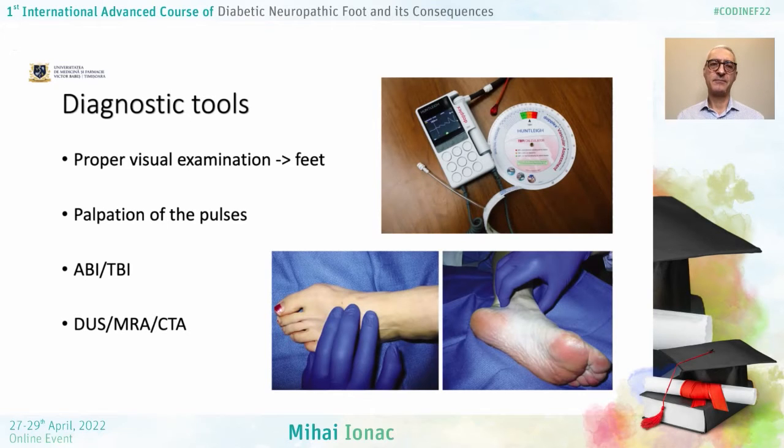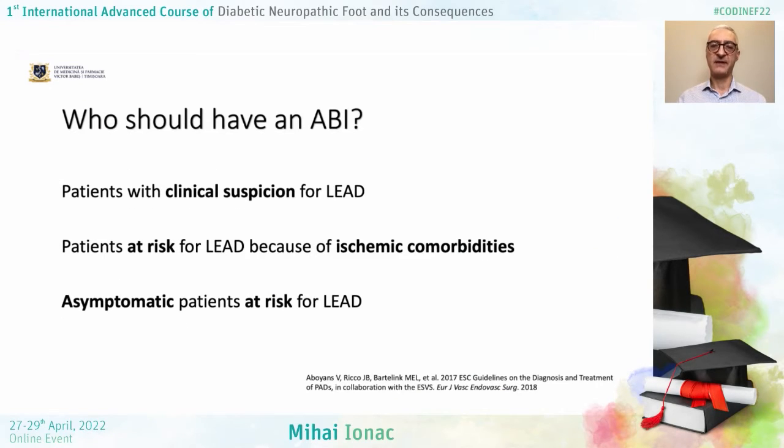As many previous speakers have shown, we have to take off the shoes of our patients, look at their feet, and palpate the pulses. But in order to establish the diagnosis of PAD, we have to perform ankle brachial index, toe brachial index, and a duplex ultrasound that is very easy to do.